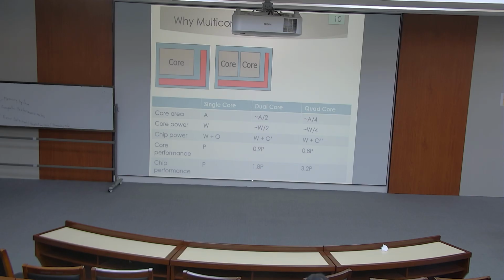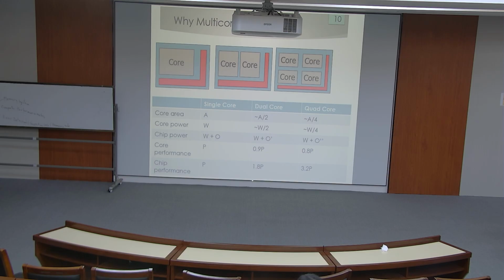We have one core, and we need to add one more core to make a dual core. So we have seen that the size of the core needs to be the same, so those need to be minimized to have small cores in the same area. We have seen that the performance of each core decreases in the dual and the quad multi-core, whereas the performance of the whole chip increases.